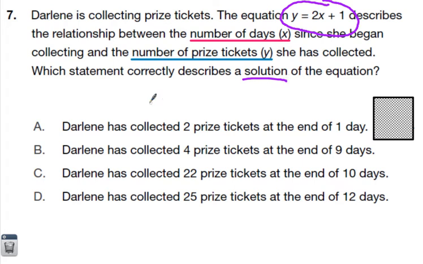So is it A, Darlene has collected 2 prize tickets at the end of 1 day?